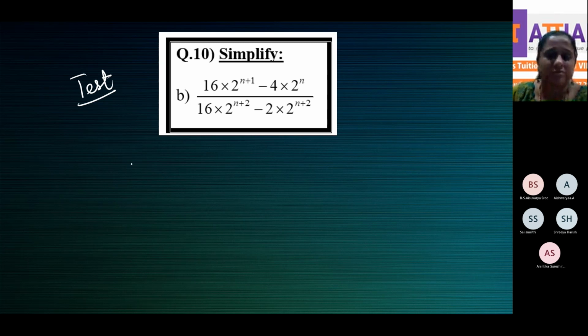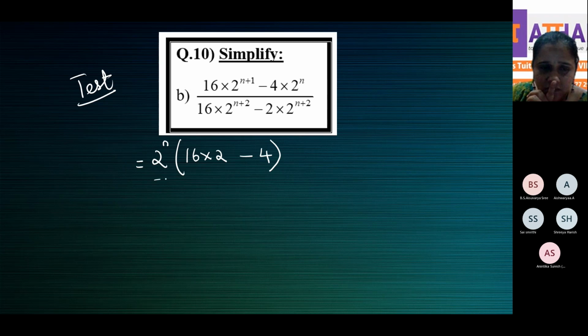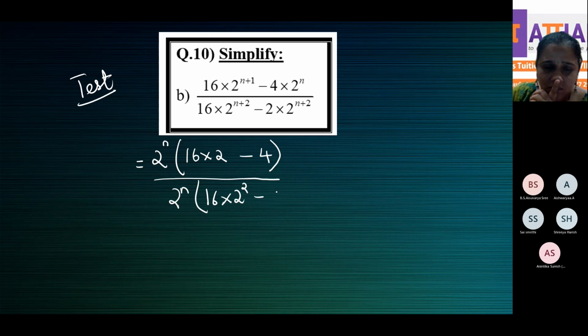Okay, tell me that next step. 2 to the power n, bracket, 16 into 2 minus 4, close bracket, and down 2 to the power n, open bracket, 16 into 2 power 2 minus 2 into 2 power 2.